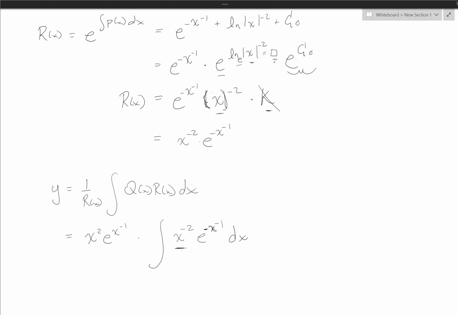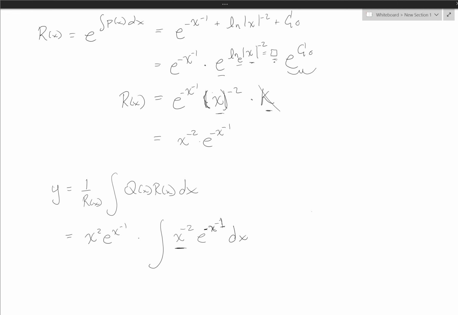It's some multiple of the derivative of x to the negative 2. Actually the other way around. If you take the derivative of x to the exponent negative 1, you get x to the negative 2.